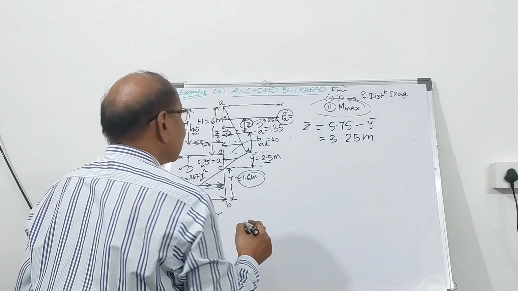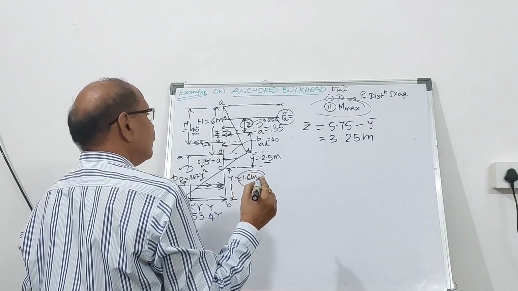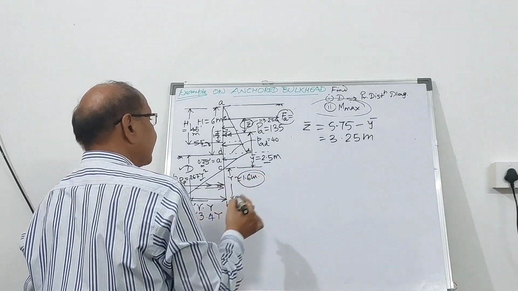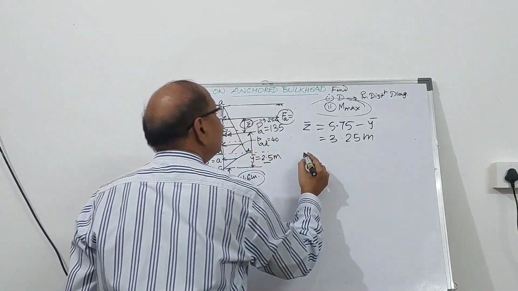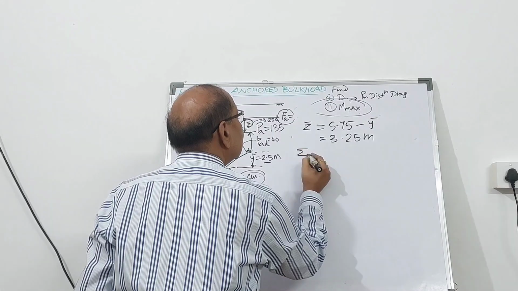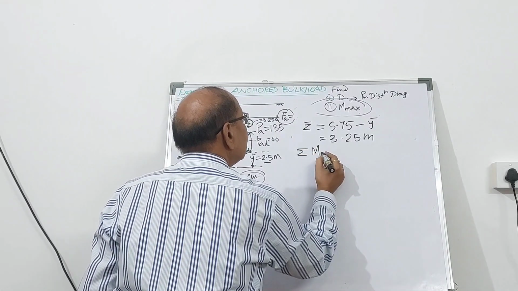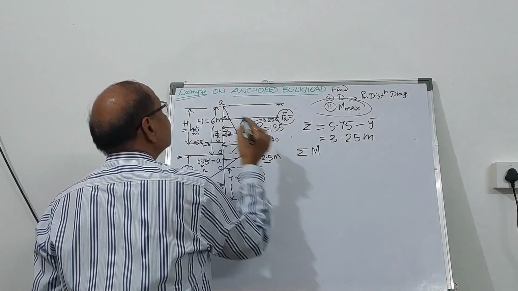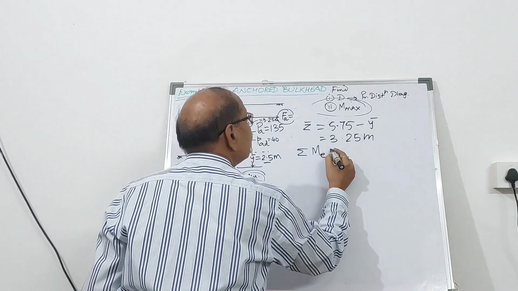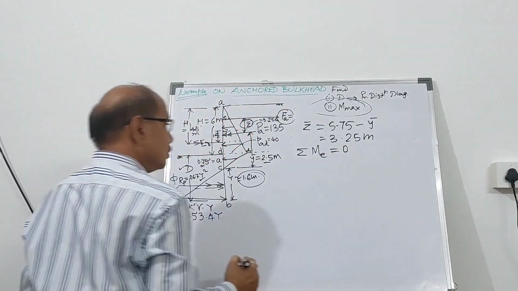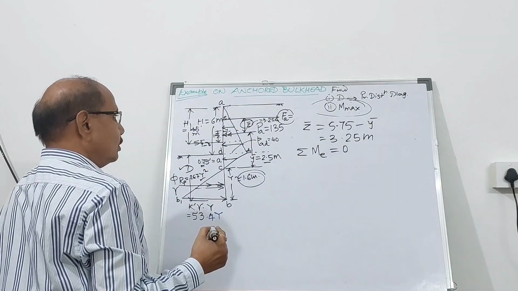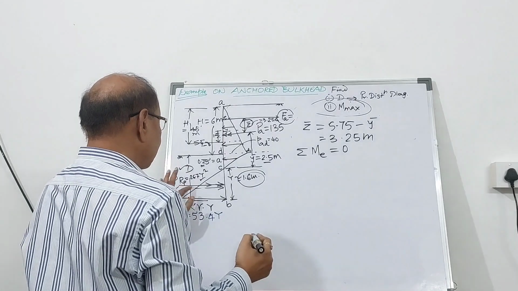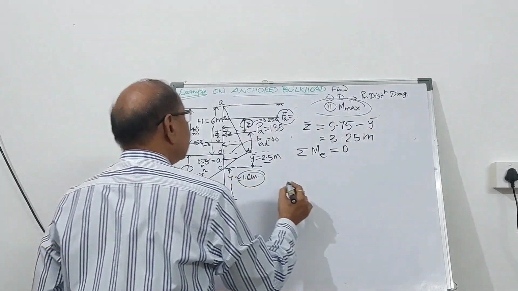Having got this, now you can take the moment about the anchor rod. So sigma M about the anchor rod, that is point E, must be equal to 0. So one of the forces is going to be Rp here.